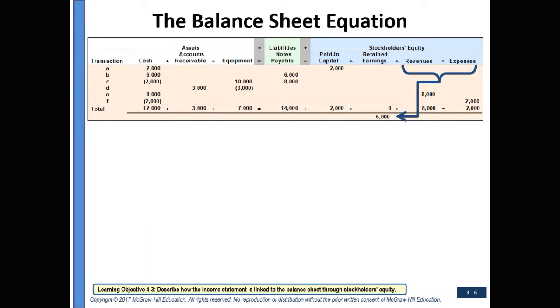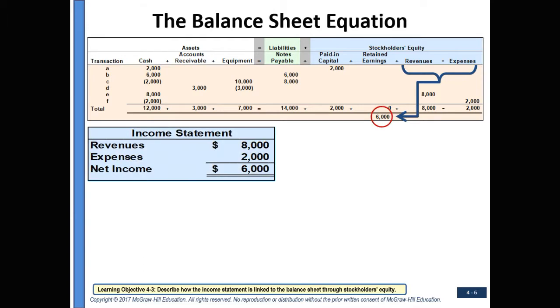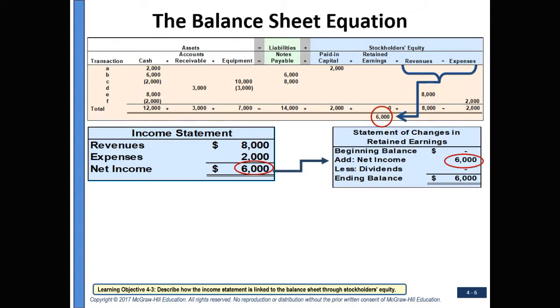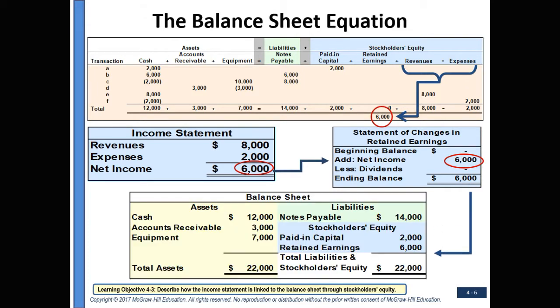Net income of $6,000 is then added to the beginning stockholders' equity and is part of the ending balance of stockholders' equity, which is reported on the balance sheet.